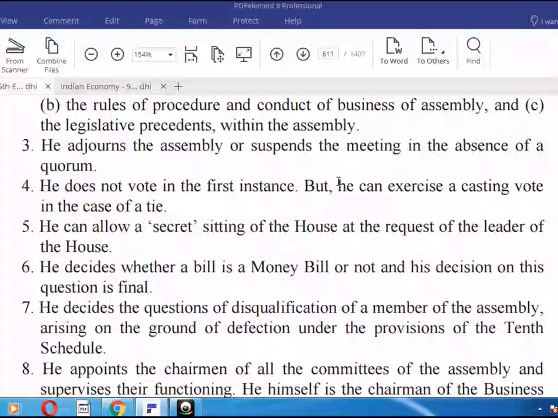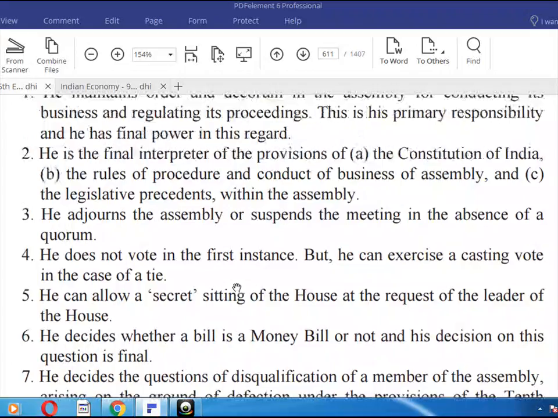He adjourns the Assembly or suspends the meeting in the absence of a quorum. He does not vote in the first instance, but he can exercise a casting vote in the case of a tie. He can allow a secret sitting of the House at the request of the leader of the House. He decides whether a bill is a money bill.